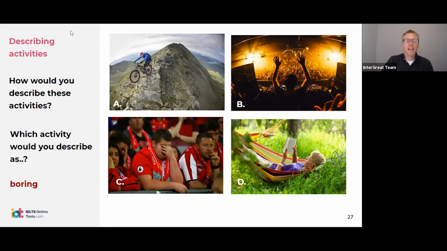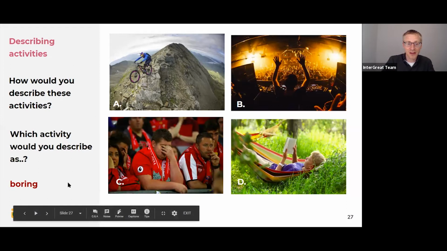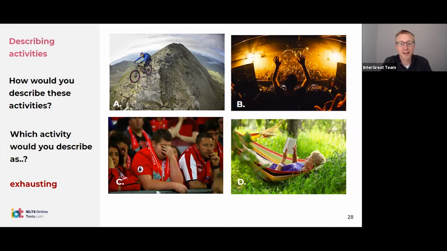Very good. Boring. Again, this will depend on your preference, which one you find boring. Lying in the hammock, maybe going to the football game, good. Exhausting. What would you find exhausting? Lying in the hammock, exhausting.